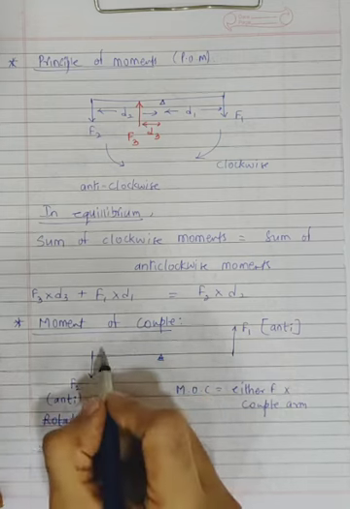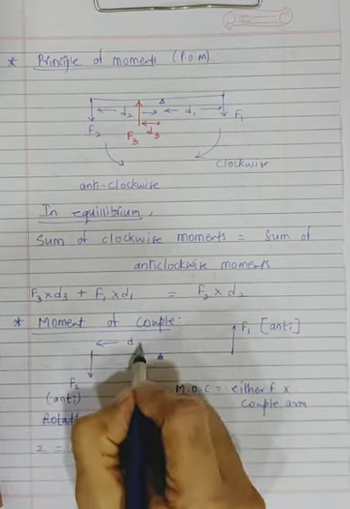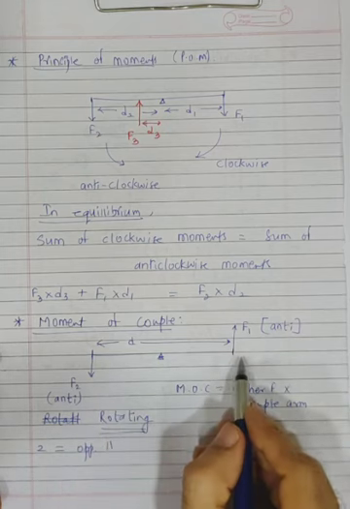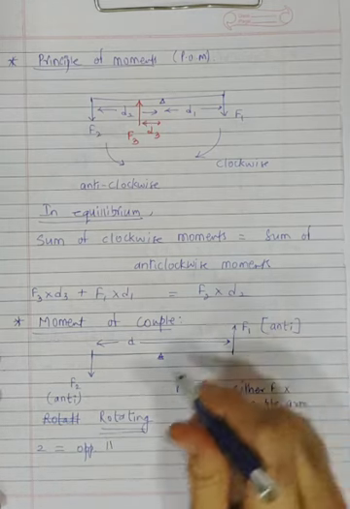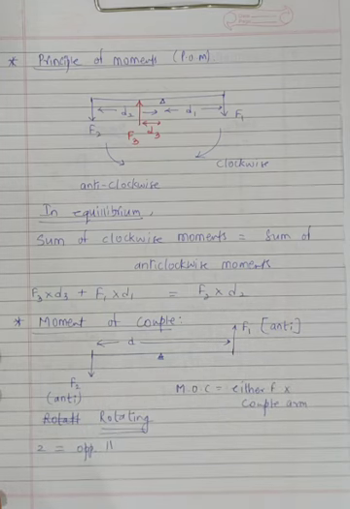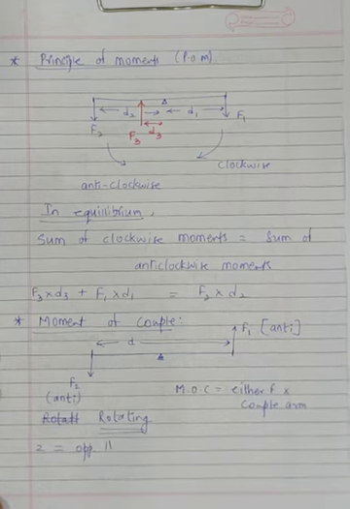What is a couple arm? Couple arm is the distance from here to here. That's called a couple arm, ARM. So either of these forces F1 or F2 times the distance between those two forces, which is called the couple arm.